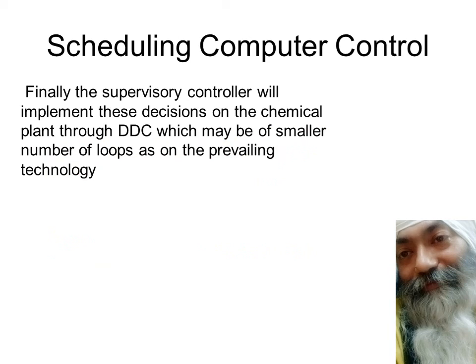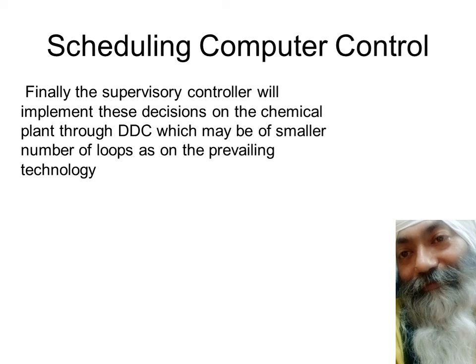The supervisory controllers talk to DDCs, where DDC means direct digital control. They will be controlling a smaller number of loops as the technology is becoming higher and higher. We are not putting a large number of loops under one computer. Computers are becoming cheaper, so we are making smaller computers, a larger number of computers, so that even if one computer or two computers fail, the whole plant doesn't come down immediately.